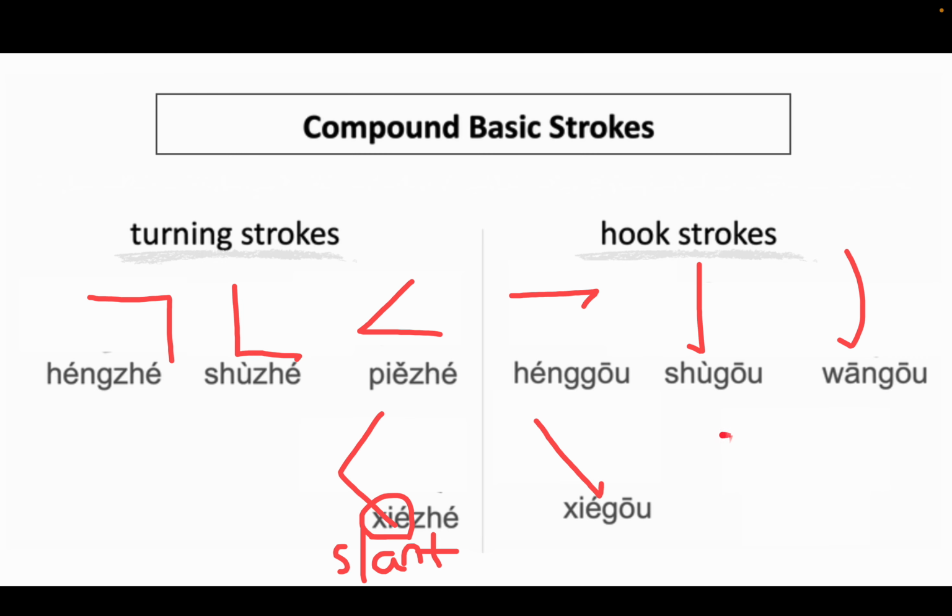The last one is 卧钩. We write it down like this because 卧 means lying on the floor and hook. All right, those are 9 out of 9 compound basic strokes. I hope you copy them down.